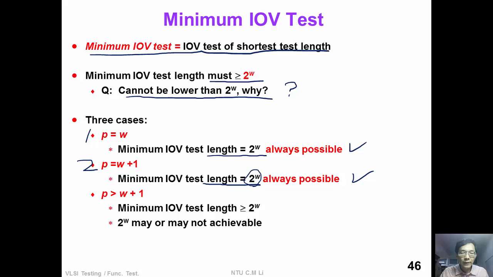We will show that later. In the third case, where P is greater than W plus 1, the minimum IOV test length can be equal to or greater than 2 to the power of W. We may or may not achieve the lower bound 2 to the power of W. It is case dependent. We will show that later.